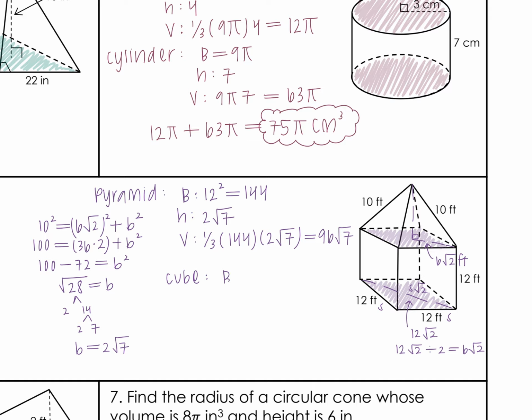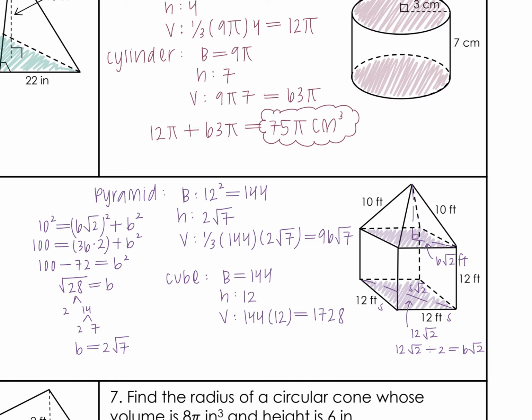So our capital B is also going to be that 144. We're going to have an h, a height of 12. And so our volume is just going to be 144 times 12, which is going to give us 1,728.